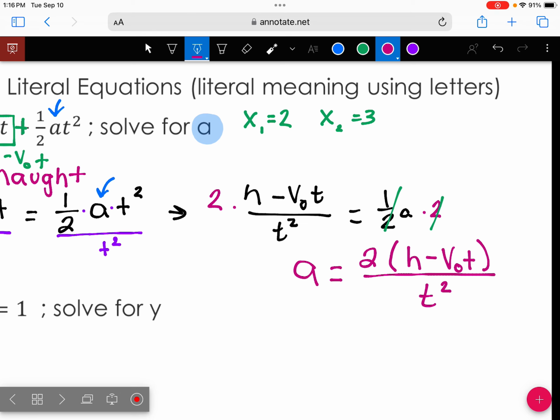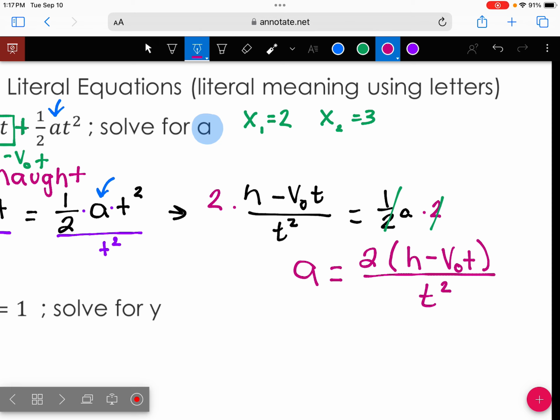But having a fraction in your denominator is not at all pleasant. And this is a physics equation. It's a velocity and acceleration kind of dealio. We're not going to play with physics equations all that much.